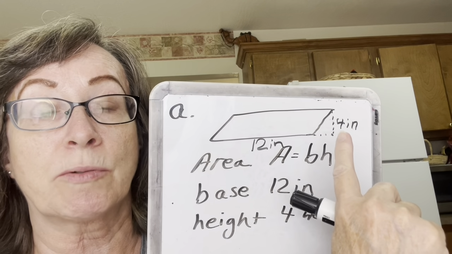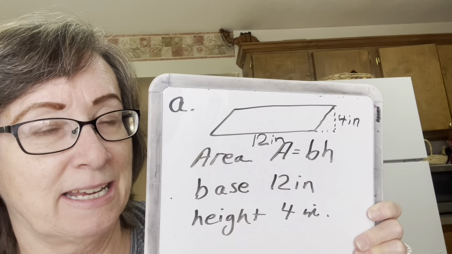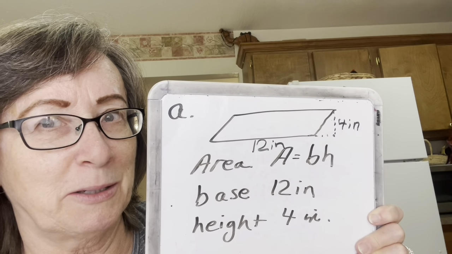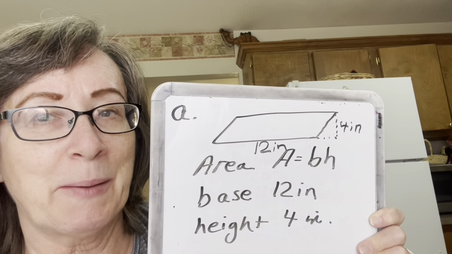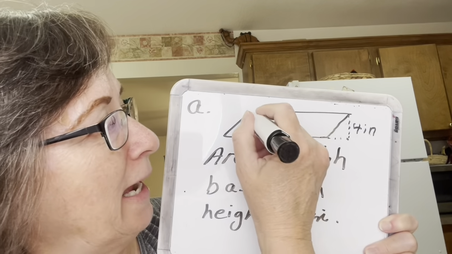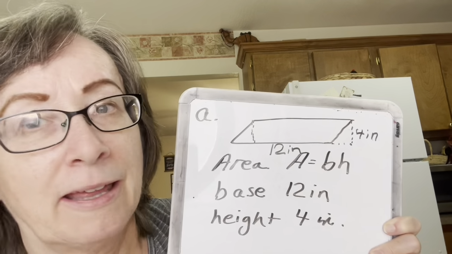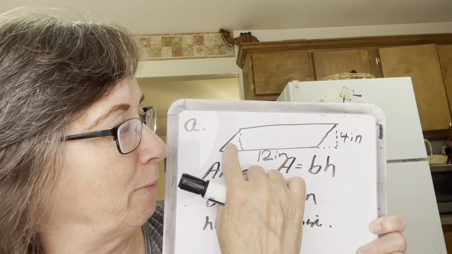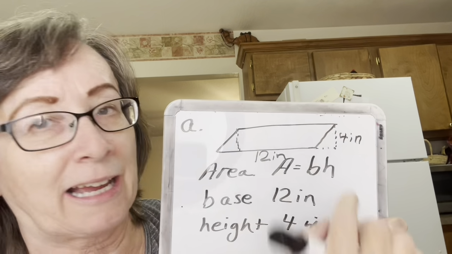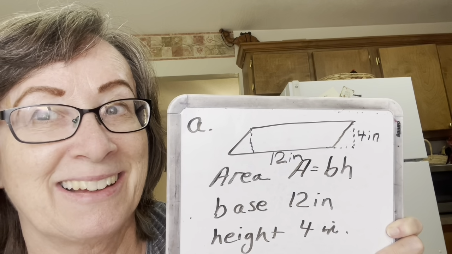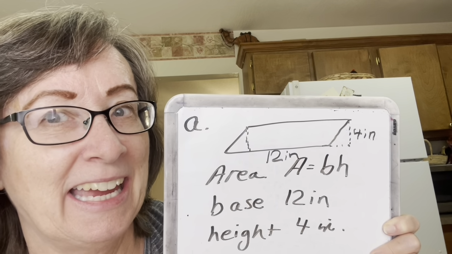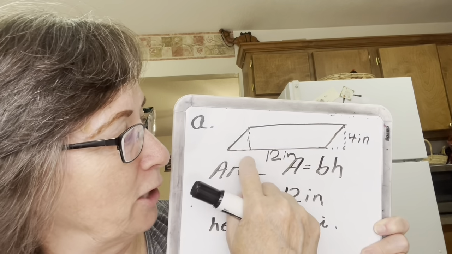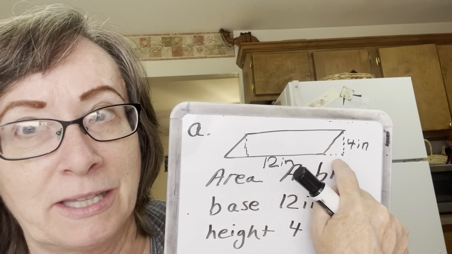We're talking about the straight drop down, and I want to show you something that maybe will help you make a little bit more sense of this. What would happen if we shaved off that little triangle? We did a straight drop down, we shaved that little bit of a triangle off, and we went and stuck it right there like a puzzle piece. Wouldn't you have a rectangle? And wouldn't the rectangle be the same length because you took off that piece here, but then you stuck it in over there?